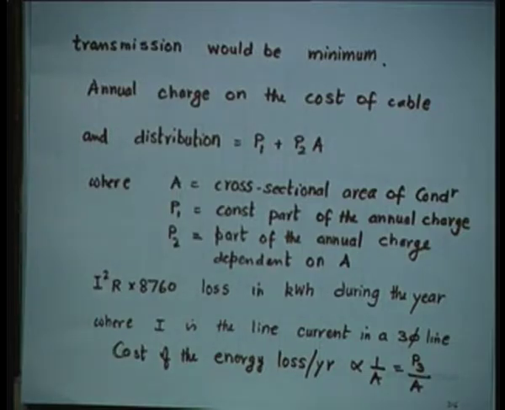What is the annual charge on the cost of cable and distribution? P1 plus P2A. What is A? A is the cross-sectional area of the conductor. It symbolizes the cost. What is P1? The constant part of the annual charge.